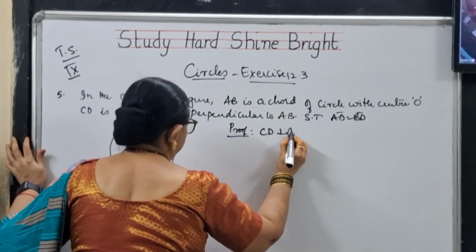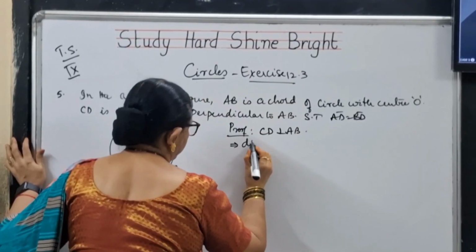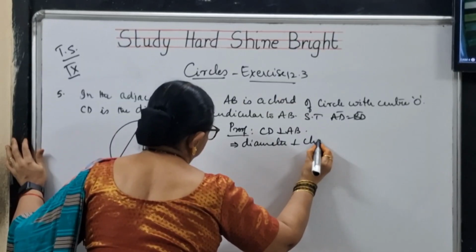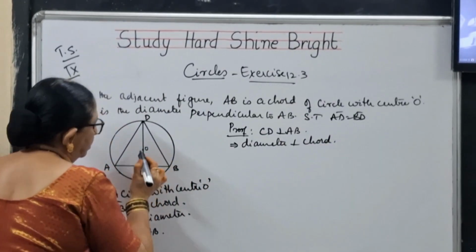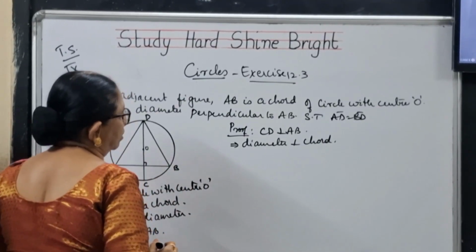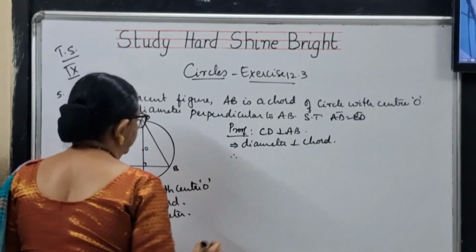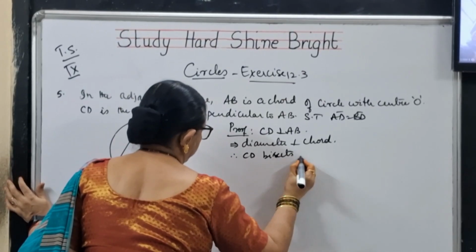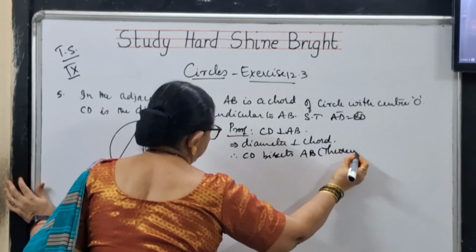CD is perpendicular to AB. What does this imply? Diameter is perpendicular to chord. If diameter is perpendicular to chord, we have already done. If a radius is perpendicular to chord, it bisects the chord. Diameter is perpendicular to chord means, therefore, CD bisects AB, basing on the theorem which we have learned.